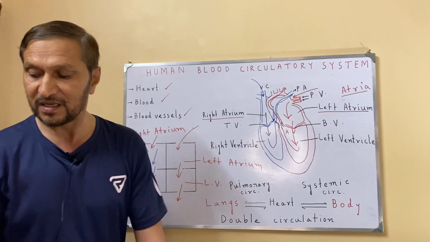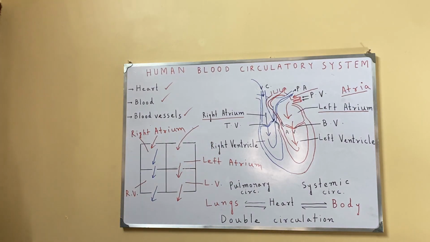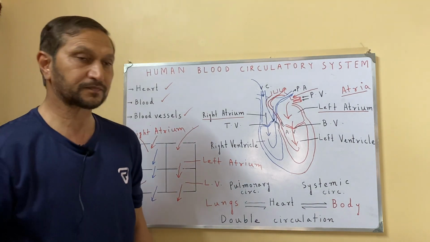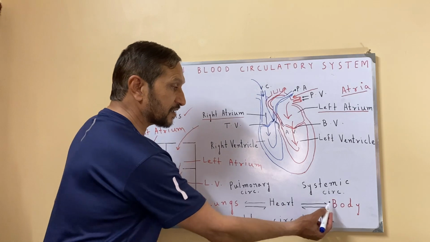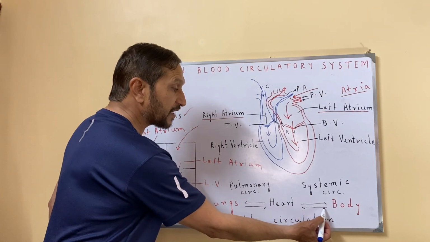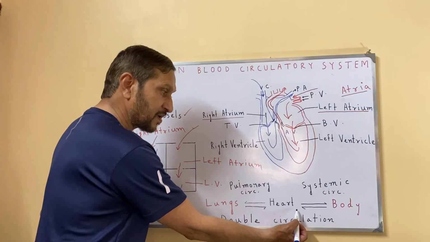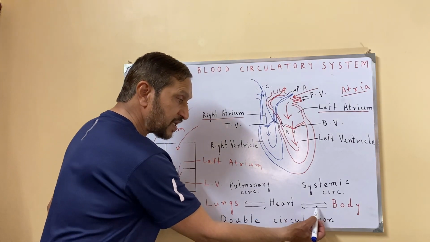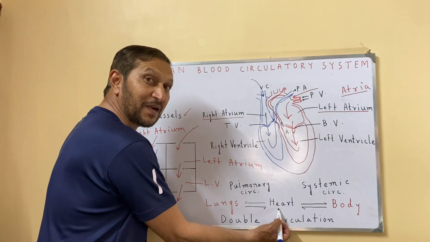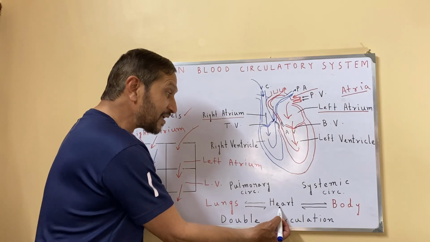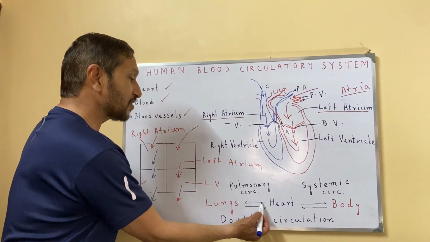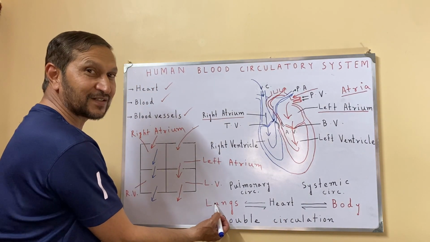On one hand, our heart is receiving deoxygenated blood from the body, and then sending this deoxygenated blood to the lungs for oxygenation.